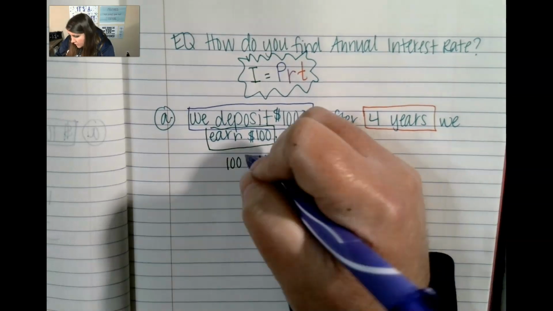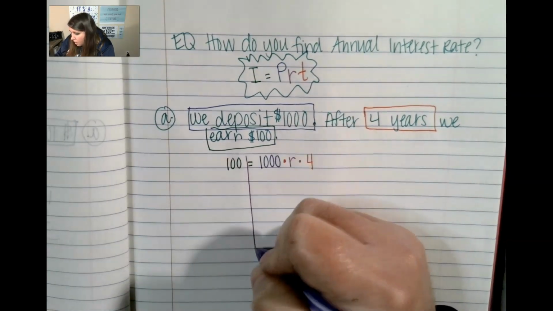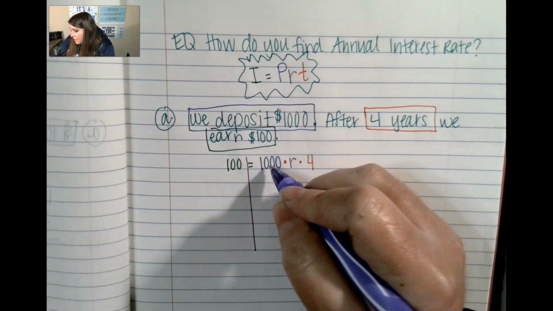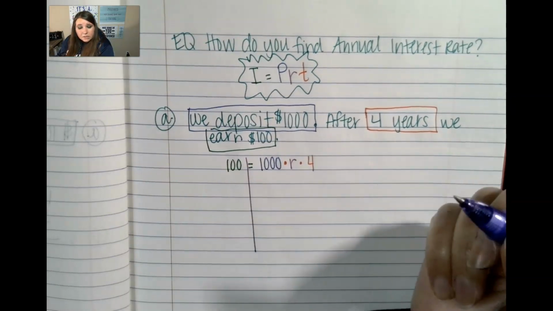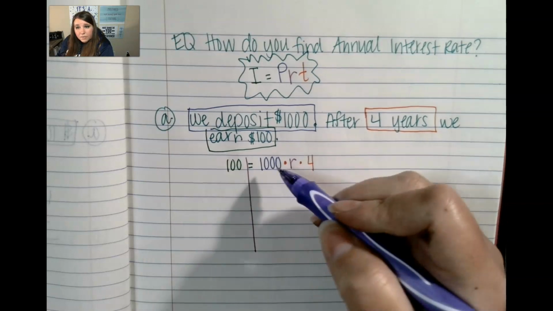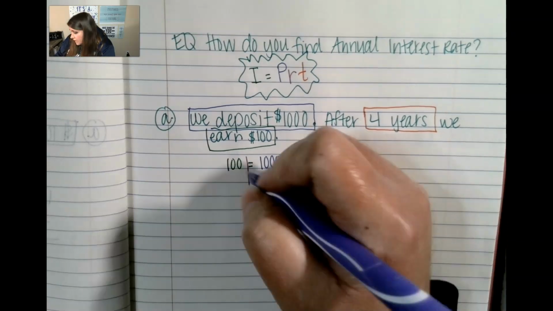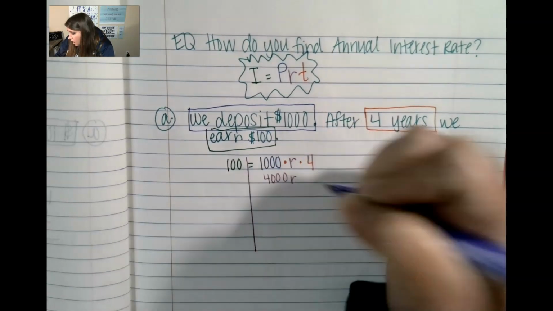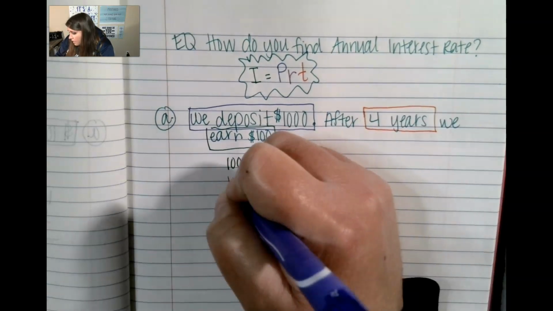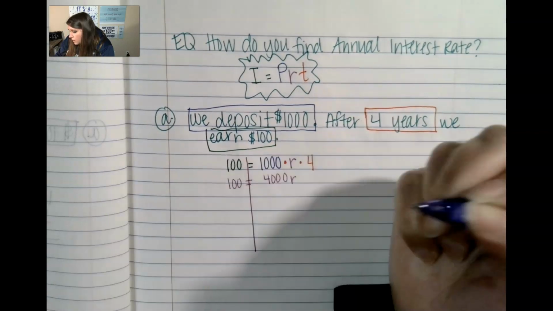So we're going to balance the equation. Solve for R. We're going to combine things that are the same, constants with constants. 1,000 times 4 gives us 4,000 times R. We still have the R. This is equal to 100.